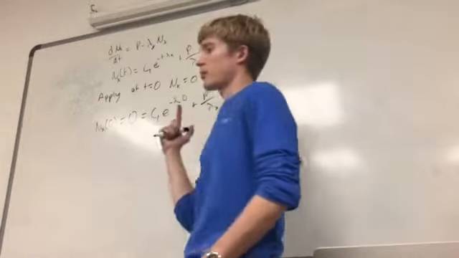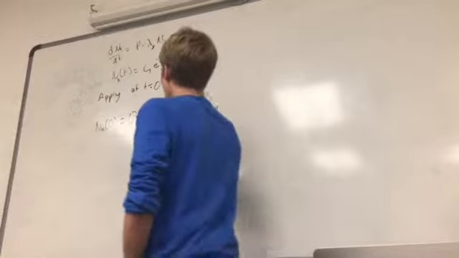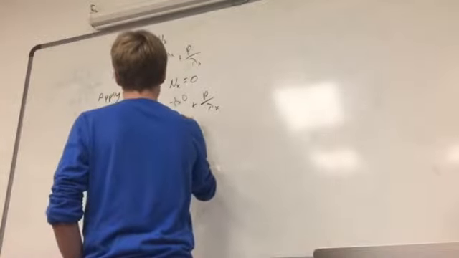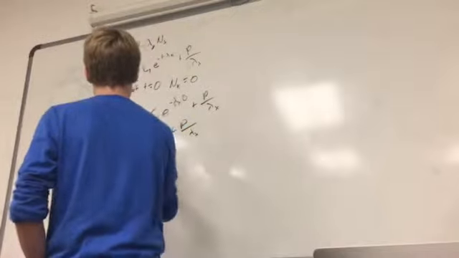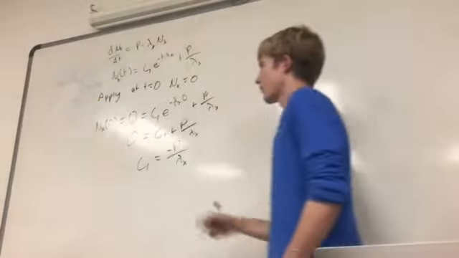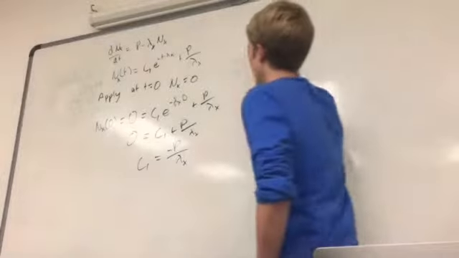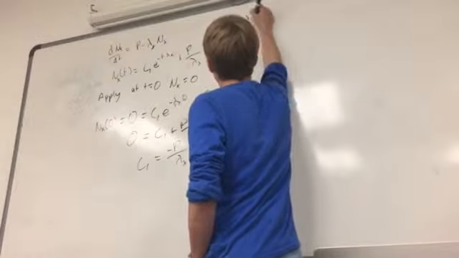It's always nice to pick t equals 0 because you can eliminate your exponential. So you have C1 plus the rate over the decay constant equals 0, and so simply C1 equals negative the rate over the decay constant. That gives you a new expression for your population as a function of time.